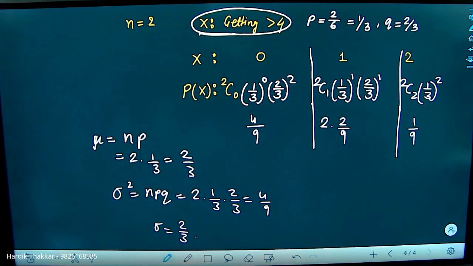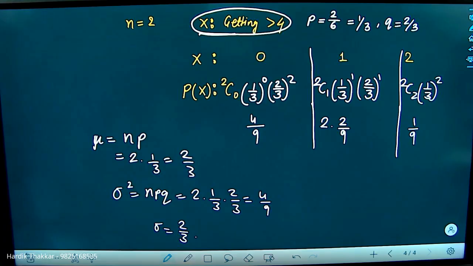They have written 2 by 13 root 6, actually that is the standard deviation. They have written 3 answers. I thought they wrote it without a comma, so I thought they have written it as one. Yeah, that 2 by 13 is your mean, and the second, the standard deviation, is 2 root 6 upon 13.